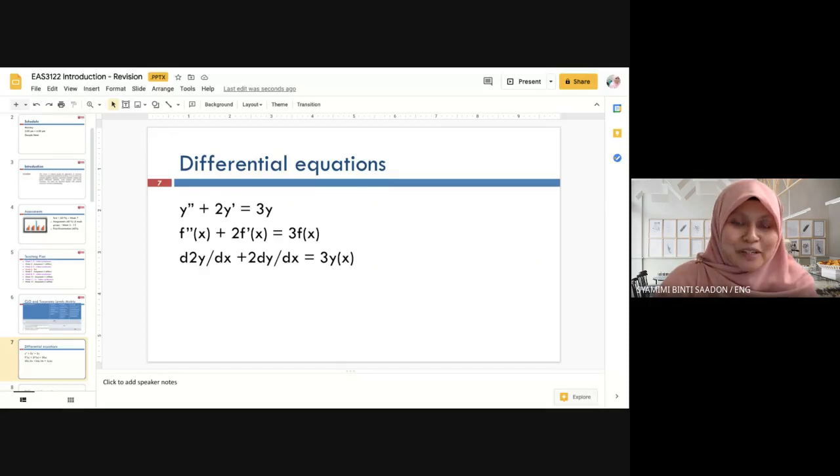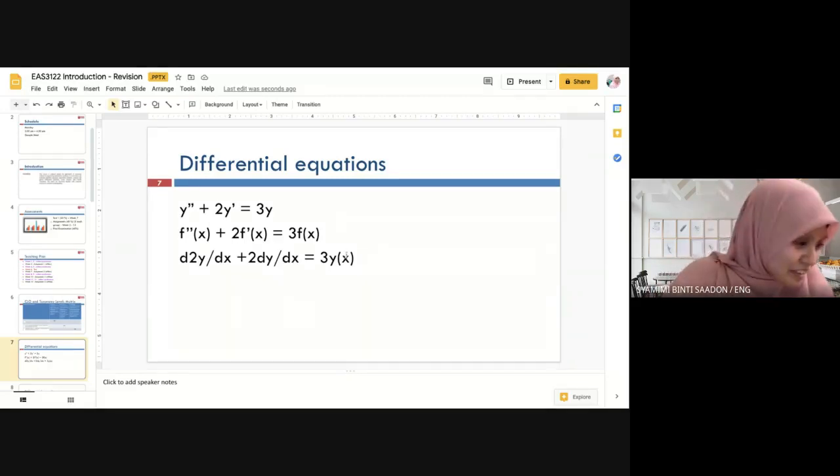The answer will be in terms of exponential, or cosine, or any function f of x. Anything? Bobby, what do you expect as the general answer for this type of differential equation?